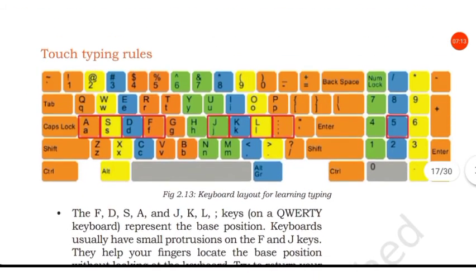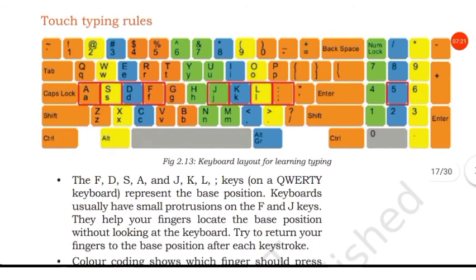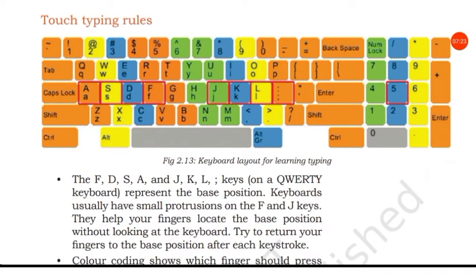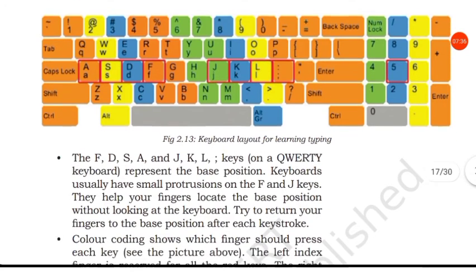You can see there are orange, yellow, blue and green colors, and a gray color also, showing which finger should be used for which keys.